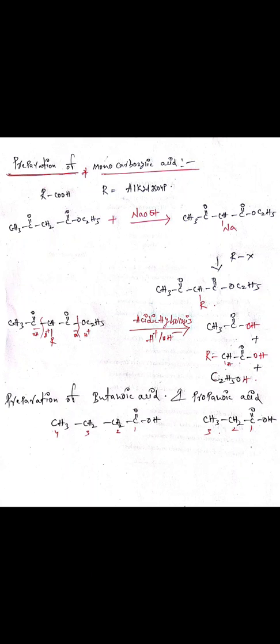In propanoic acid we need only a 1-carbon chain substituted, that means a methyl group substituted on the ethyl acetate. In butanoic acid we substitute an ethyl group. So that is the difference. These reactions continue to prepare the homologation series of carboxylic acids.